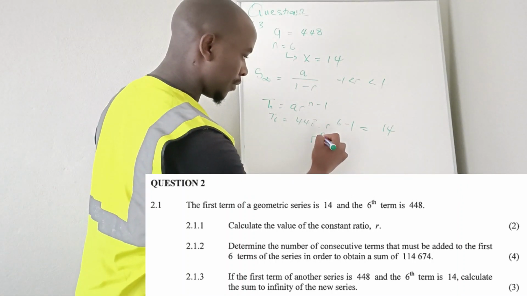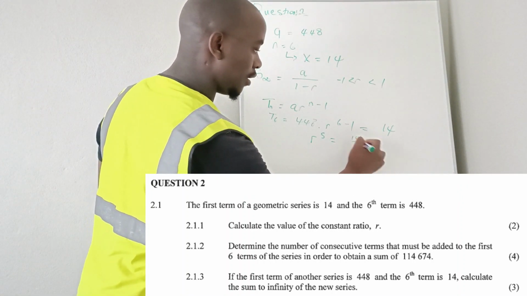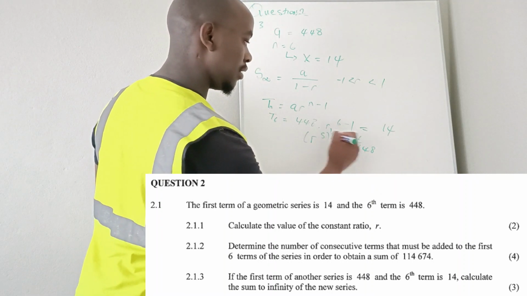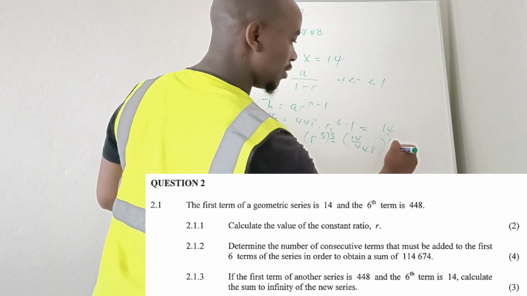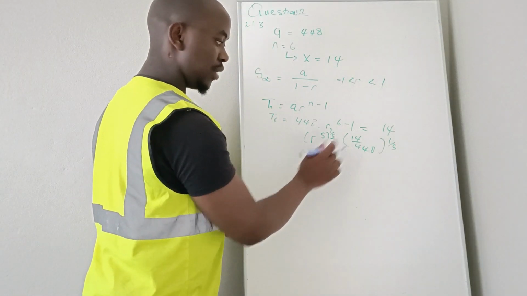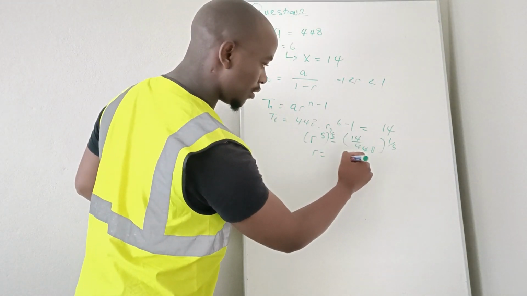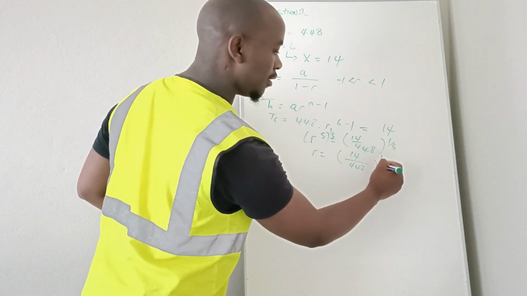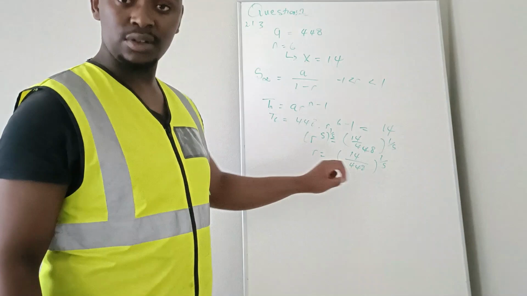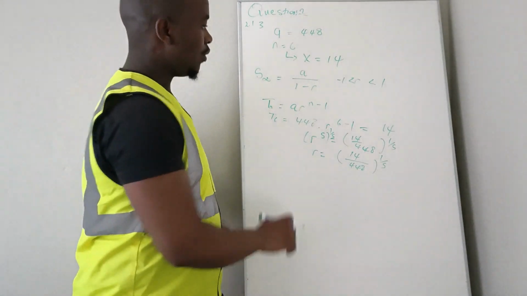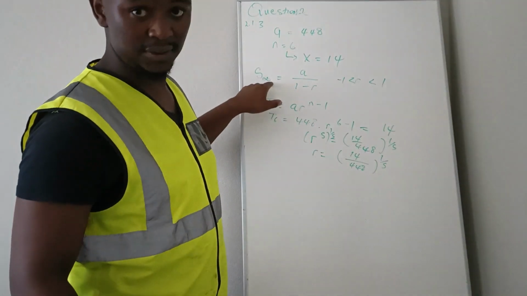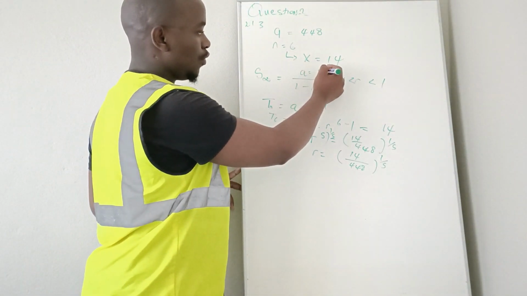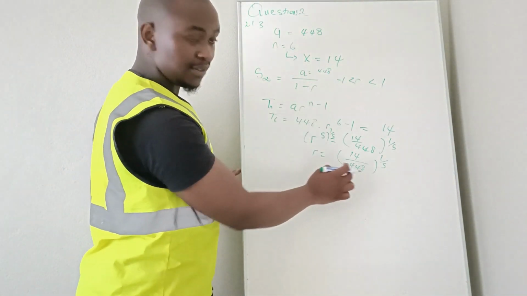So how can we find the value of r? r is 14 over 448, to the power of 1 over 5. You can punch that in your calculator. So now we can find the sum to infinity. We already have a, which is 448, and r is this value.